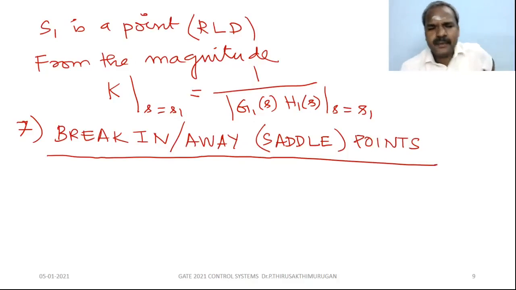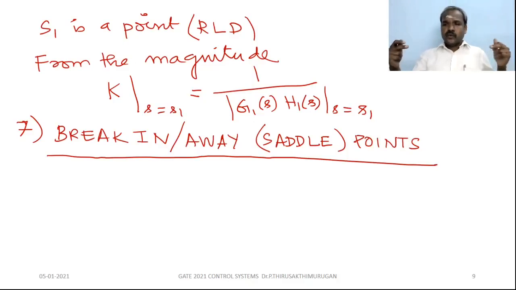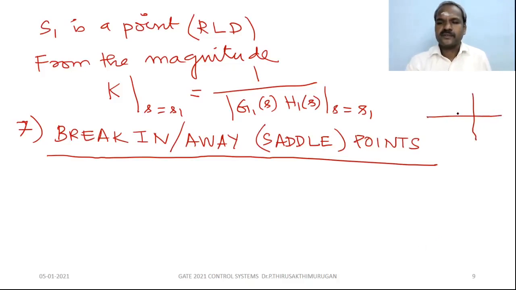Where do the break-in and breakaway points exist? When two poles meet together, say in the S plane, suppose there is one pole here and one pole here, right? Understand or not? How many branches are there?